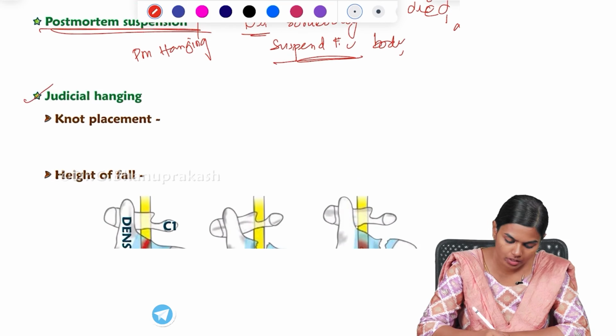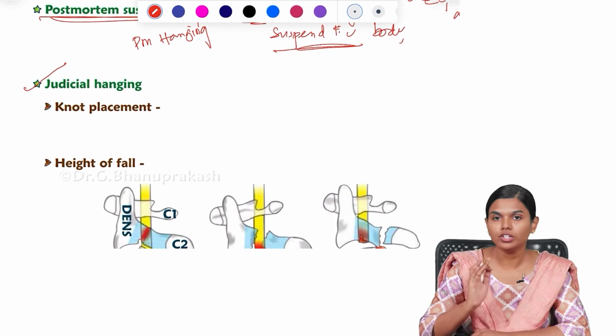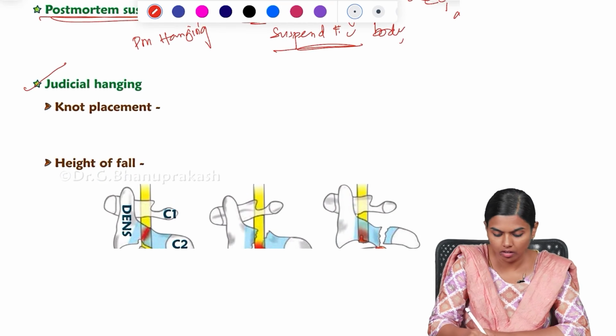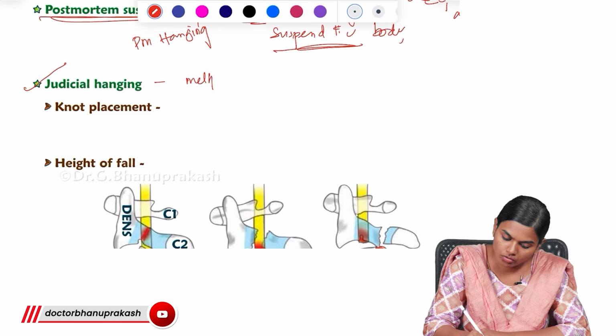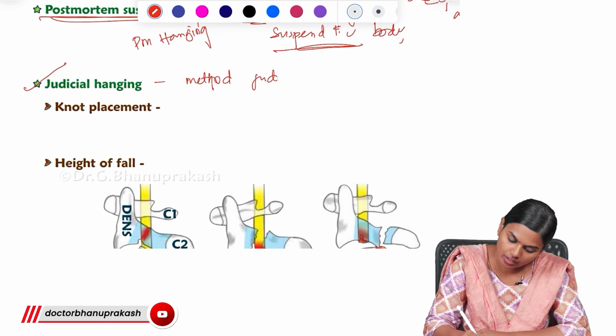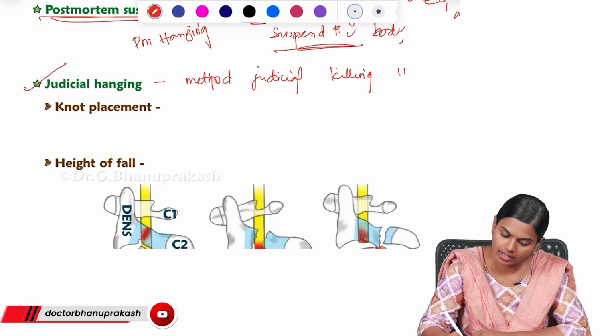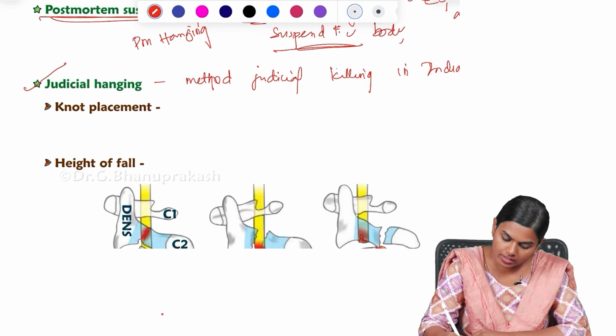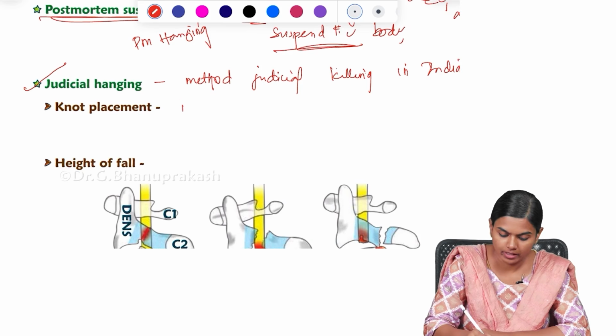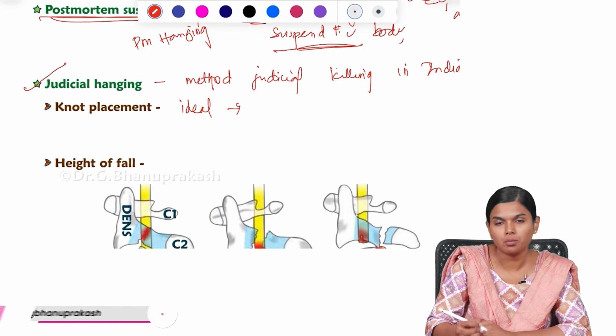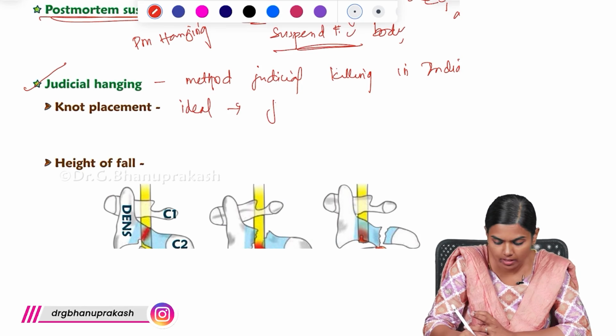Next you have the judicial hanging. So judicial hanging, this is the method that is used for judicial killing in India. In most of the countries also they use this. So for judicial killing in India, what happens is that the knot placement, the ideal spot for placing the knot is the jaw.